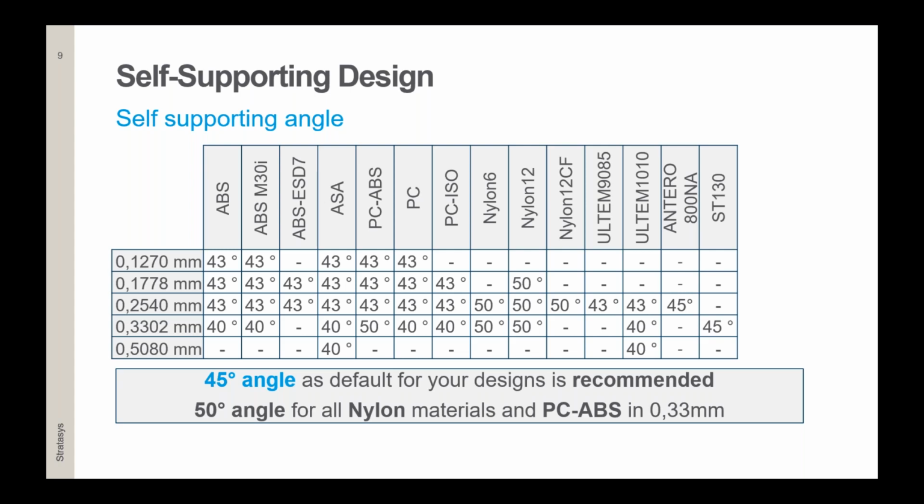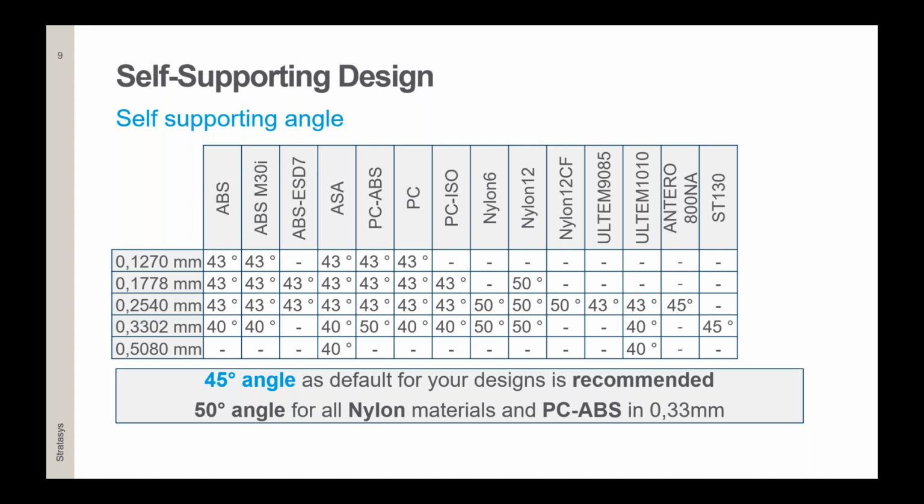Carolus, can you give us a brief background on why it's different for different materials? Good question, Stefan. Well, how to put it simply, all different materials have different mechanical properties, and if we look at nylon materials, they are a little bit more elastic than other materials.